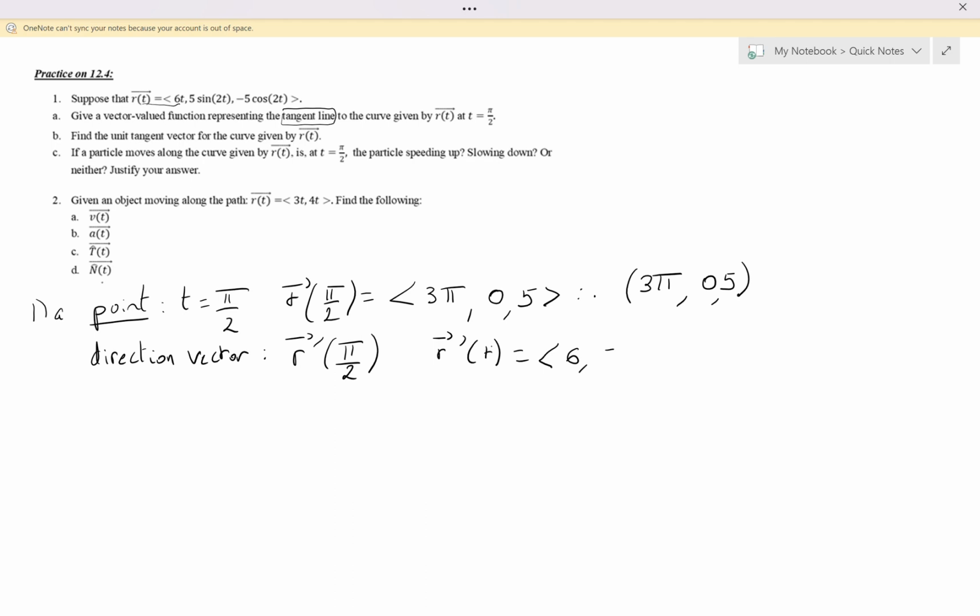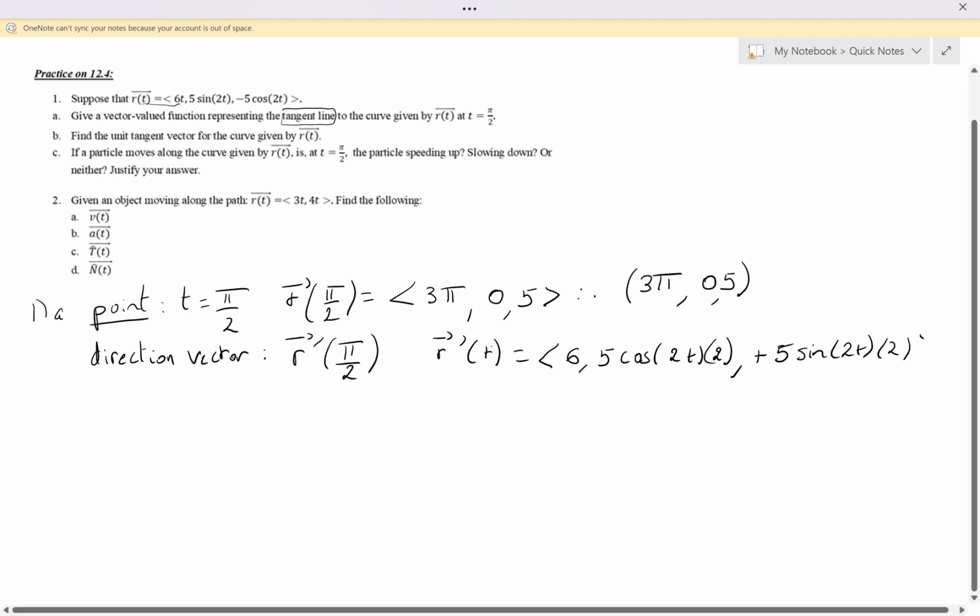You take the derivative of the outside function, the derivative of sine is cosine, keep the inside in, times the derivative of the inside, which is 2. And we do something similar for the other one, remembering that the derivative of cosine is negative sine. But there's a negative in front, so it's going to be positive sine of 2t times 2.